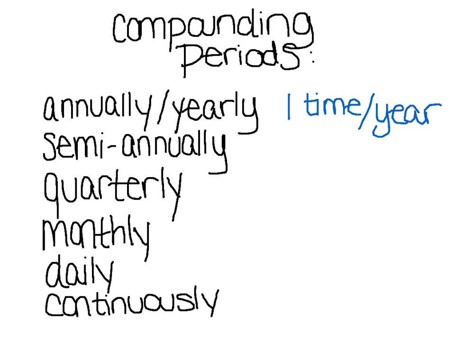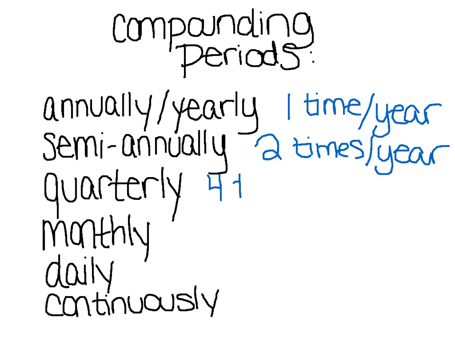Semi-annually, that's like a semicircle, that's half a circle. That's going to be 2 times per year. So every 6 months you get your interest. Quarterly is 4 times per year. There's 4 quarters in a dollar. It's just one way to remember it. So 4 times a year.